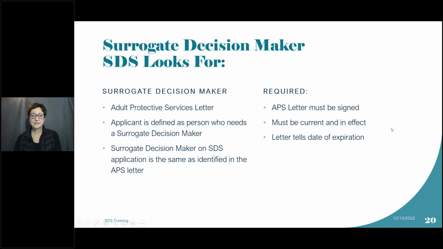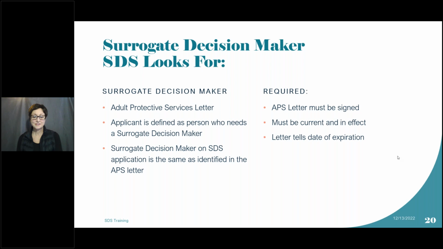So this requires a letter from Adult Protective Services that says there's a surrogate decision maker. And the person who needs the decision maker is the applicant. When you're filling out the SDS document, I'm strictly talking about application and reapplication. Okay, that's when these documents come in.